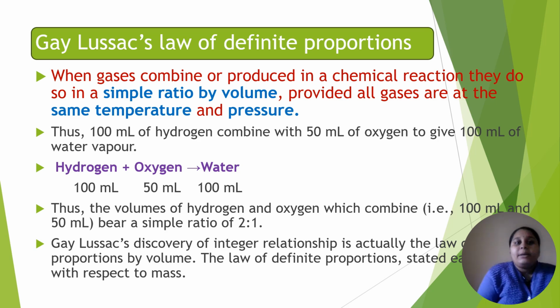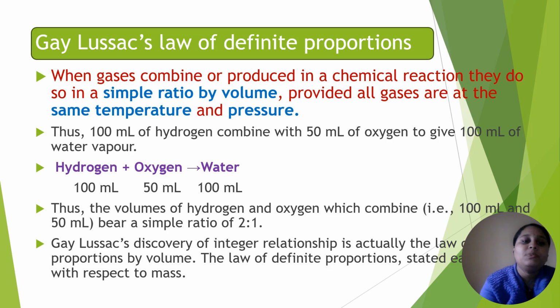Thus, 100 ml of hydrogen combines with 50 ml of oxygen to give 100 ml of water vapor. Hydrogen plus oxygen gives water. So hydrogen is 100 ml, oxygen is 50 ml, which gives water, obtained as 100 ml. So that is what is stated, if it combines in a simple ratio, provided all gases are at the same temperature and pressure.